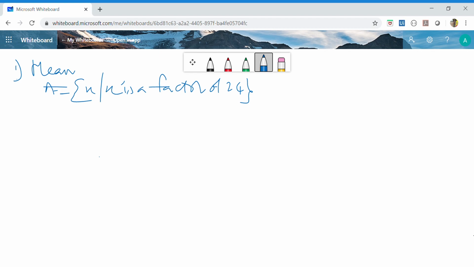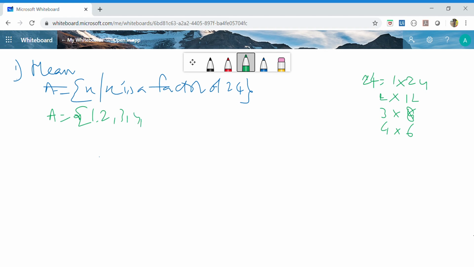So you have to write the factors of 24 as 24 is equal to 1 24s, 2 12s, 3 8s, 4 6s, and 5 doesn't go, 6 will come like this. So A you will get in roster form, given is set builder form. Roster form of that is 1, 2, 3, 4, 6, 8, 12 and 24.